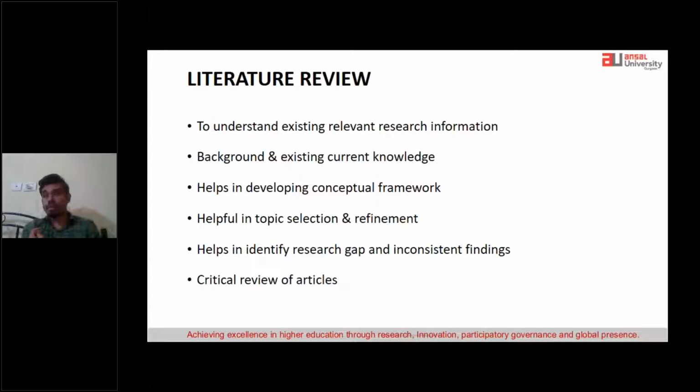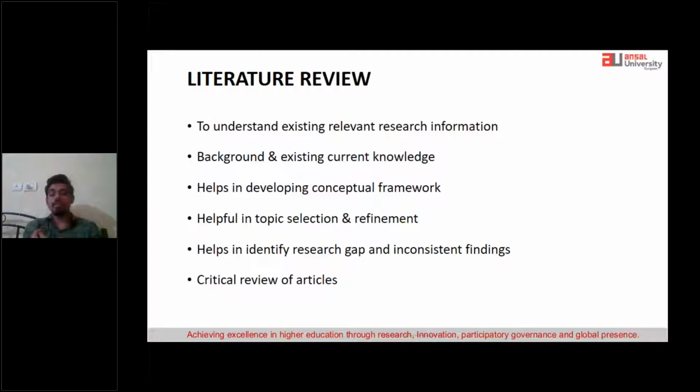Whatever is the existing information related to that particular topic, condition or disease which you are trying to look into, you can go back to the literature, read everything, understand it, and find out where the gap is. So it gives us the relevant information. It also gives us the background of the current existing knowledge, what has been done before, how things have evolved.